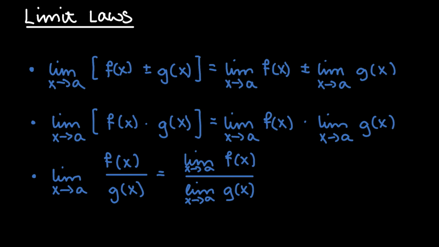And then something similar applies to the limit of functions that are multiplied together. So we still have x tending to the same value on both the left side and the right side. But yeah, we are allowed to split the limit of the product of two functions into the limit as x tends to a of one of the functions multiplied by the limit as x tends to a of the other function, g of x.